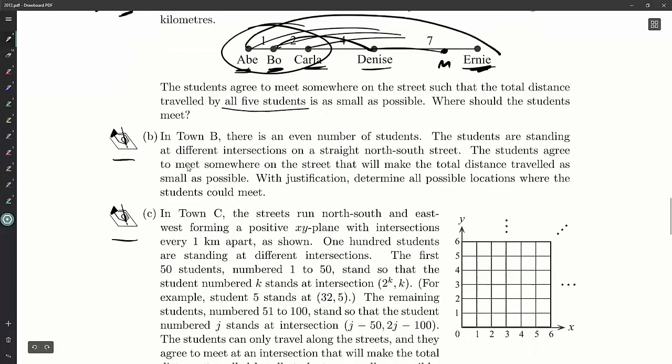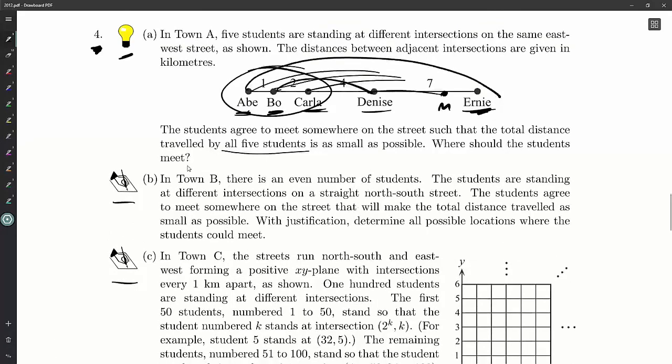Okay, so that was kind of interesting. It turned out to be Carla because Carla was in the middle. That's kind of cool. Okay, what do we got here? In town B, there is an even number of students. So if it's anything like question A, we won't be able to say the middle person. The students are standing at different intersections on a straight north-south street.